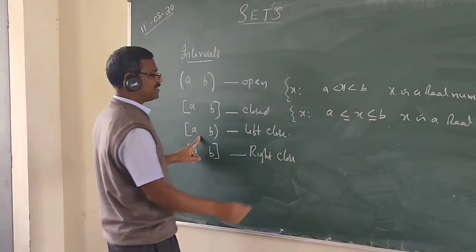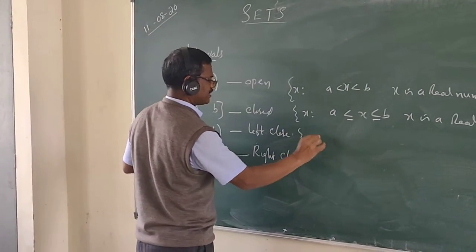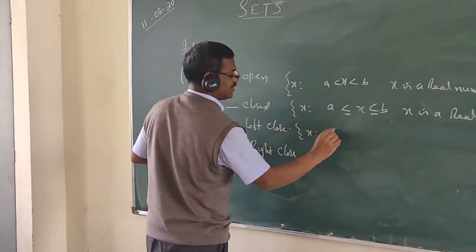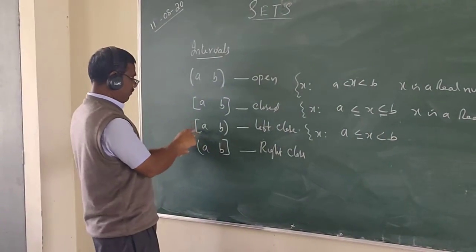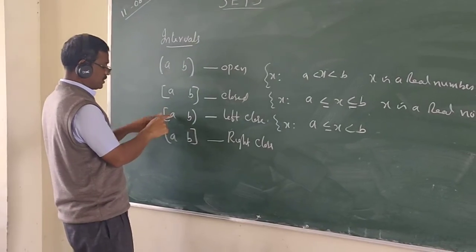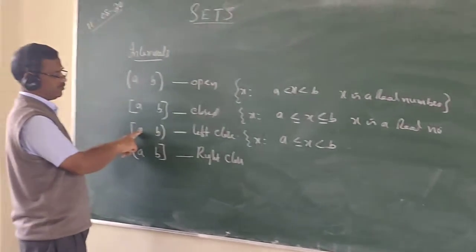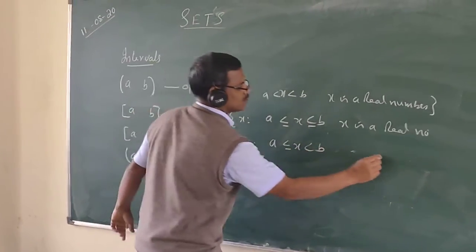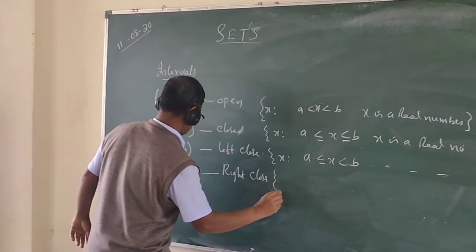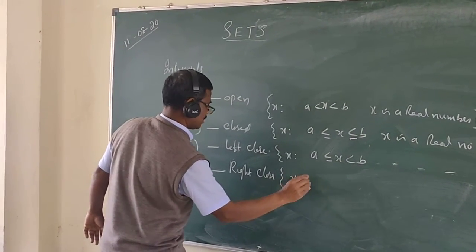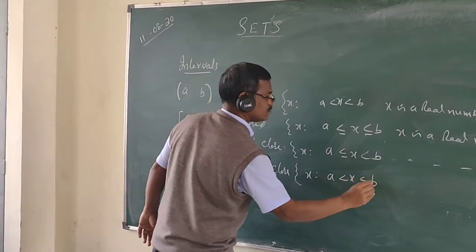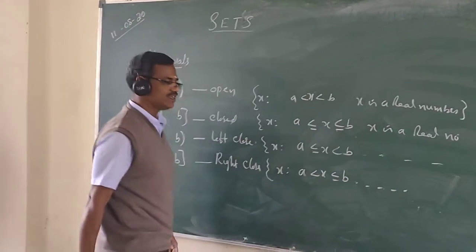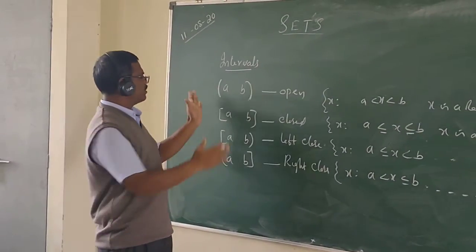X is a real number. Now what is here? Set of x such that A is less than or equal to x, less than B. Here it is left closed, so closed means that A is also a member of that one, and as before. And what about here? Set of x such that A is less than x, less than or equal to B. This is the open interval and closed interval.